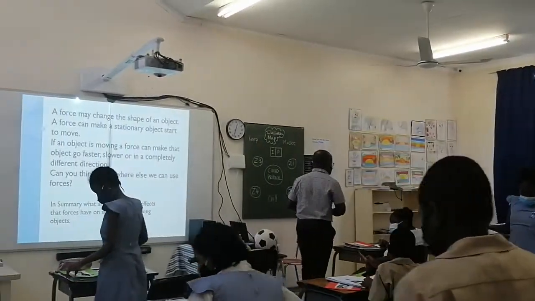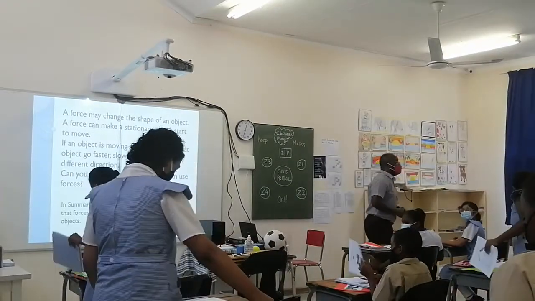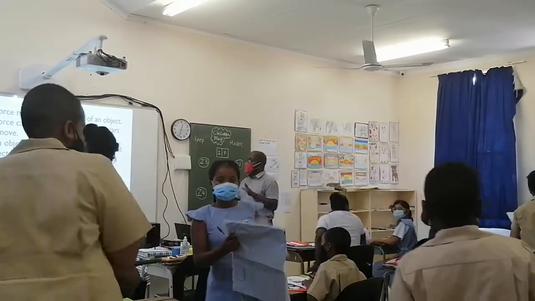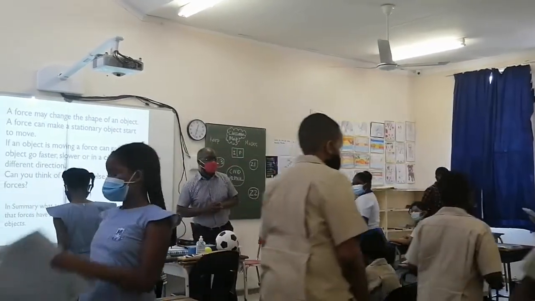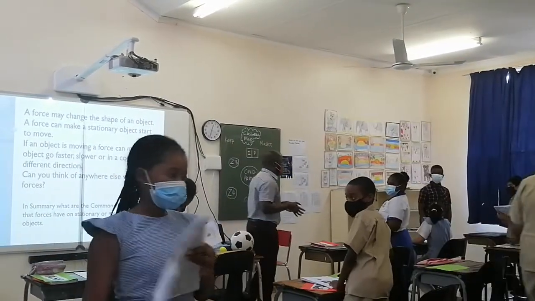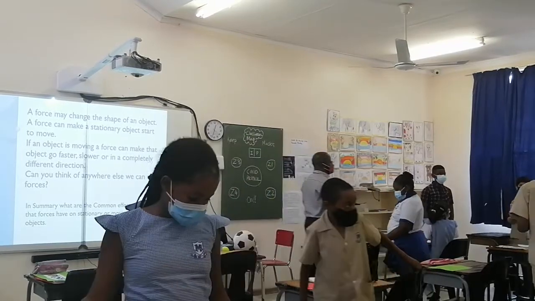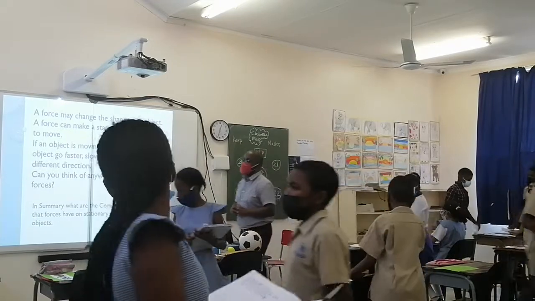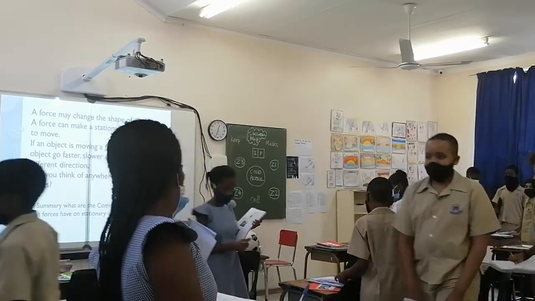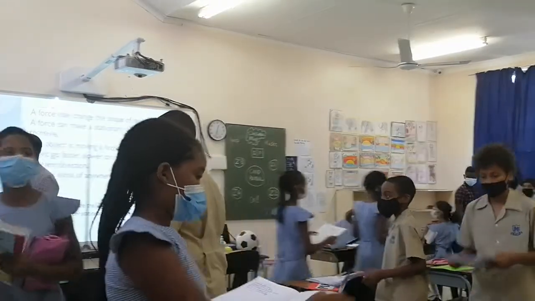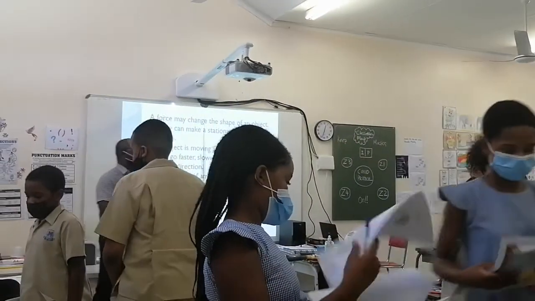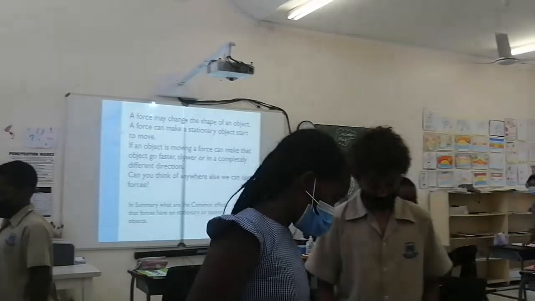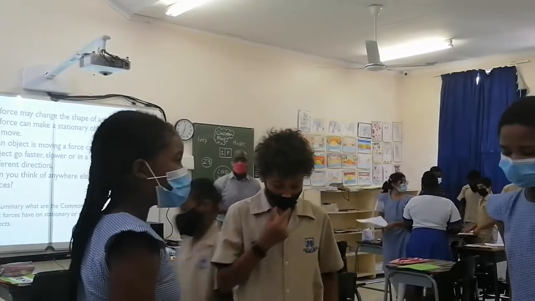In the back of your worksheet, write down anywhere else that you think force can be used, whether it's sport or something else. Just collaborate and share in your groups 2 or 3 examples of where forces can be used. 2 minutes, quickly, we're almost done.